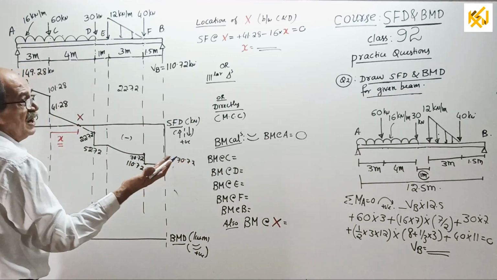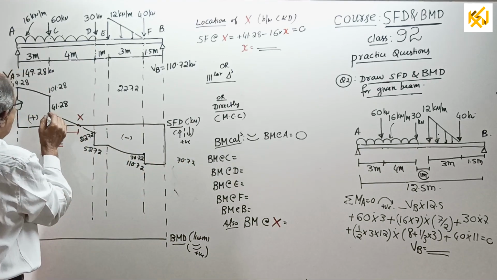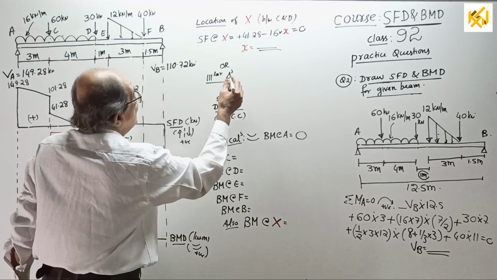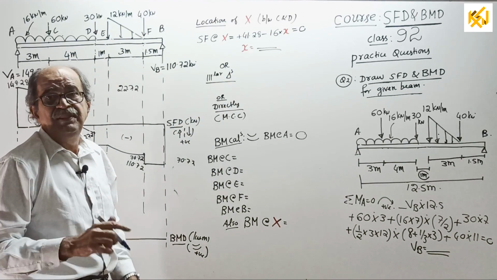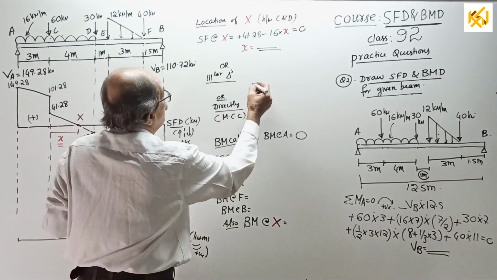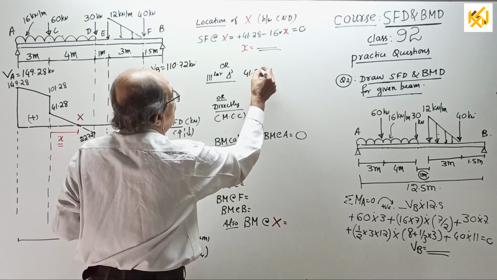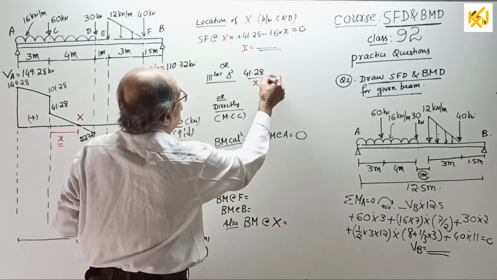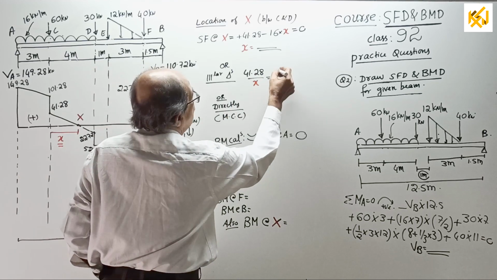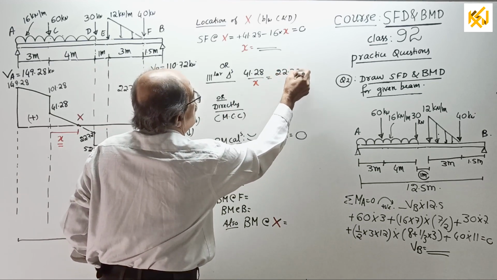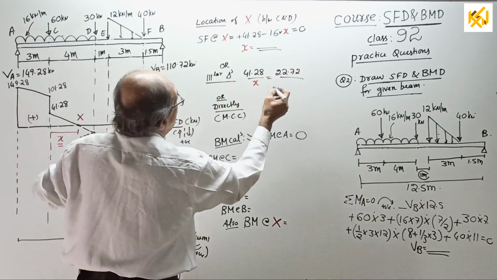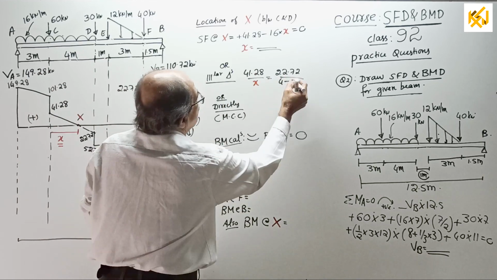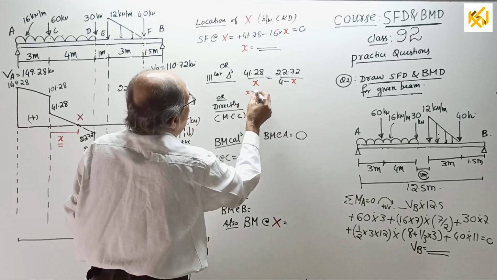This also I should not tell for an engineering student. Similar triangles you can use only if it is linear variation. 41.28 divided by X equal to 22.72 divided by, this is 4 meter, 4 minus X. That way also you can get the value of X.